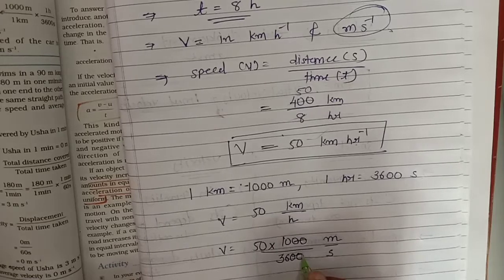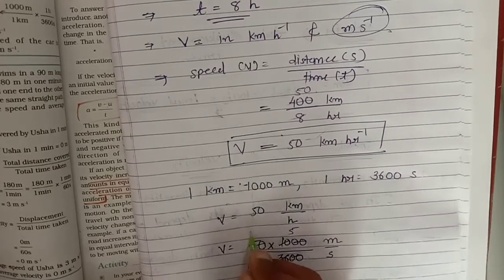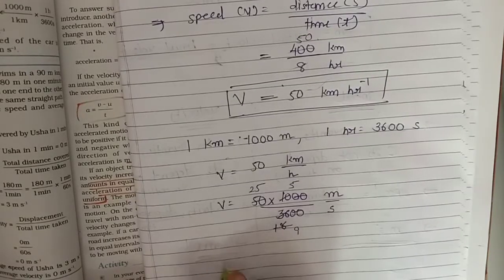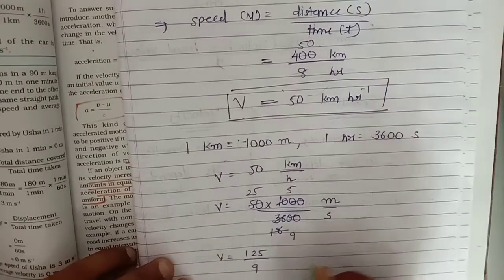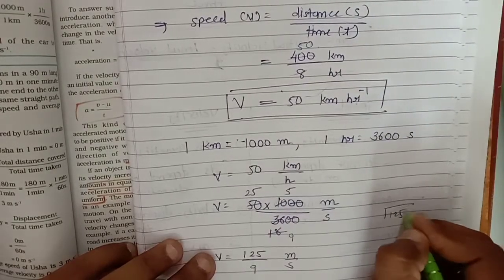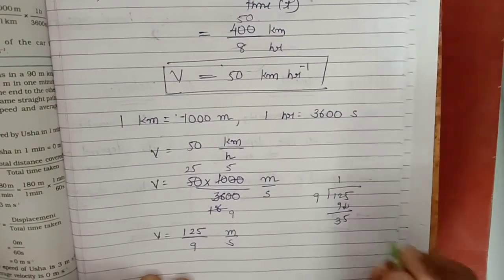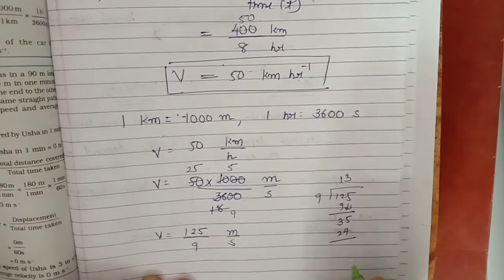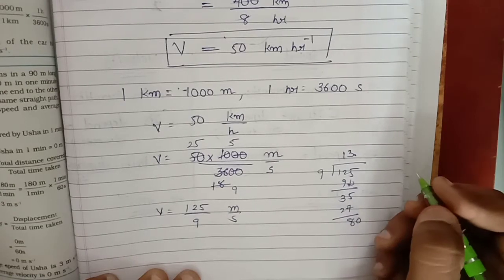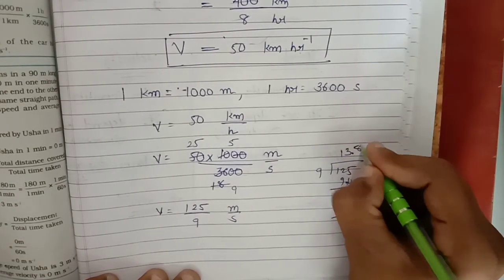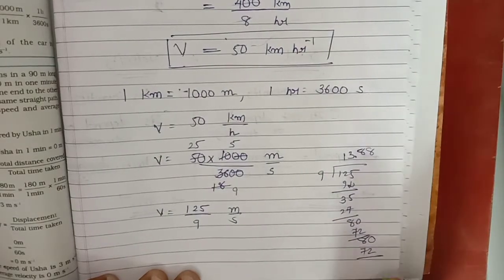Do cutting. 5 2s are 10, 18 2s are 36, again 25, 9, 25 5s are 125 upon 9 meter per second. 125 divided by 9: 9 1s are 9, do cutting, 3 remaining, 5. 9 3s are 27, 35 minus 27, 8 remaining, 0. 9 9s are 81, 9 8s are 72, 8 remaining, again 0, again 9 8s are 72, again 8 remaining.